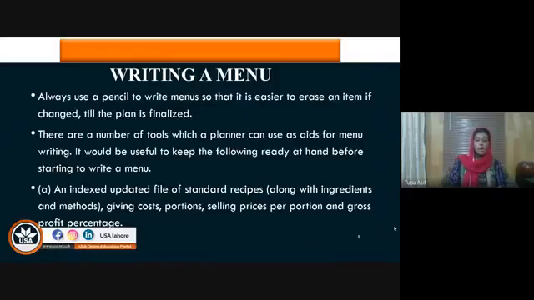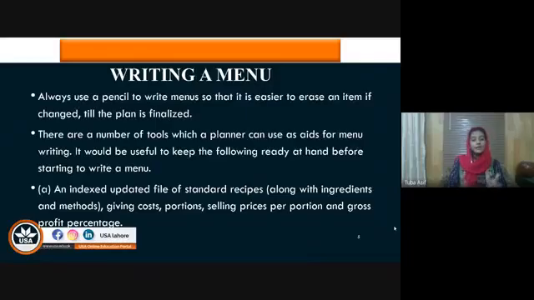You have to know about an updated file of the standard recipe. All the recipes should be standardized, so that they yield the same results, the same taste, the same color, the same texture every time you make them. And you must know what ingredients you will need to make that dish.